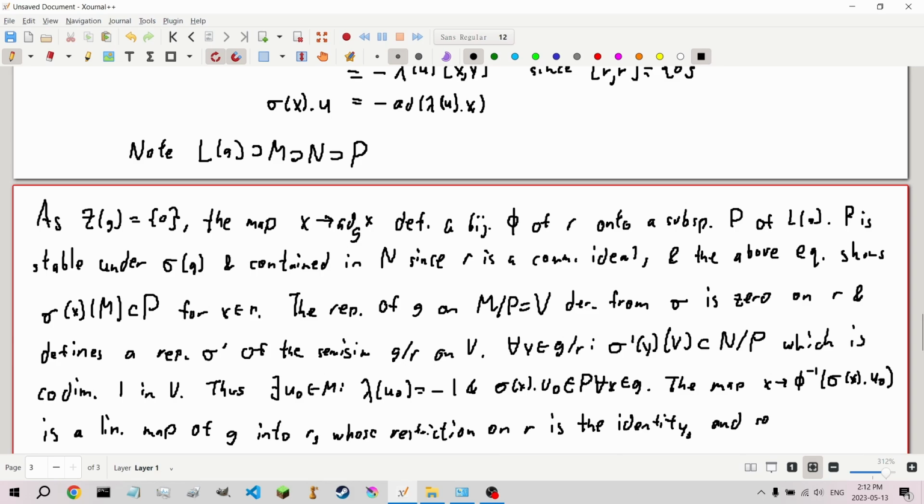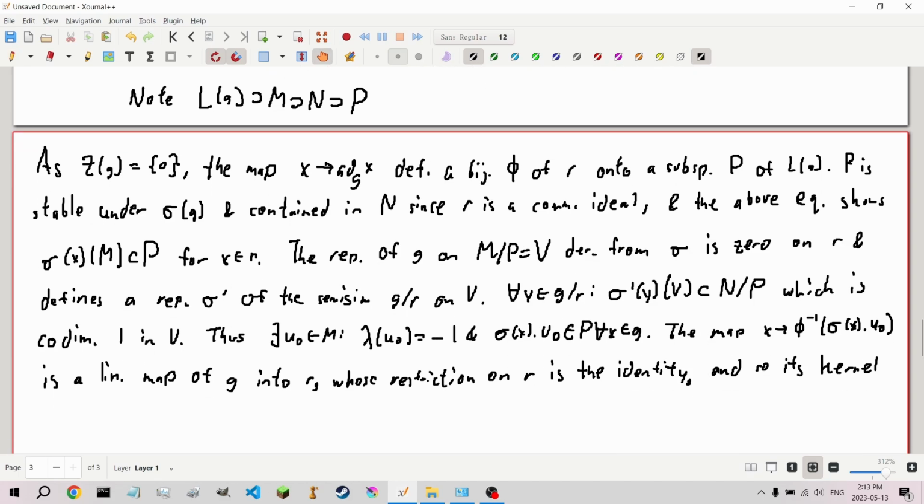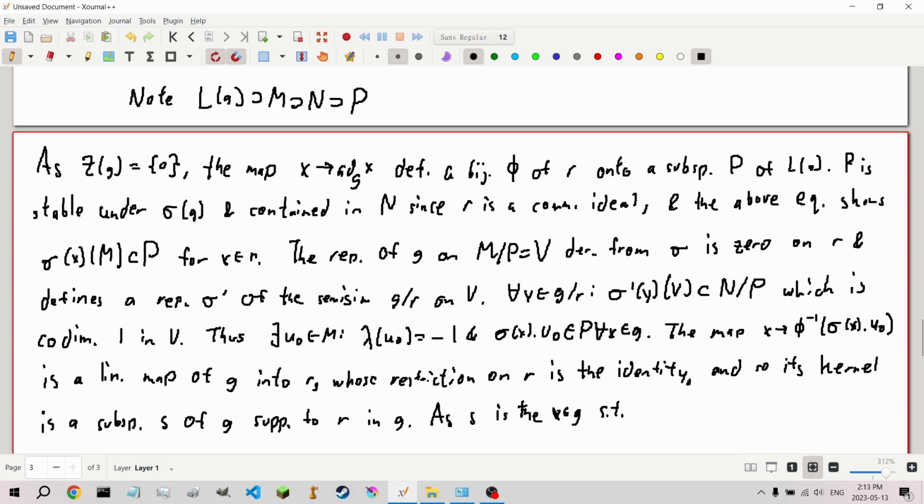And so its kernel is a subspace S of G supplementary to R in G. As S is the x in G such that sigma x upon this UO is 0.